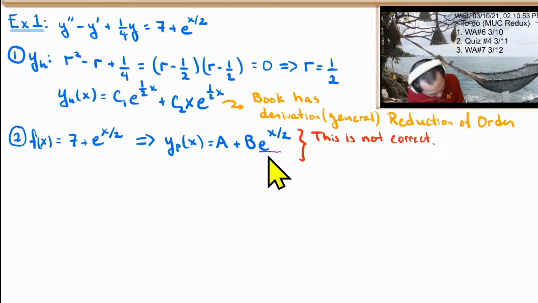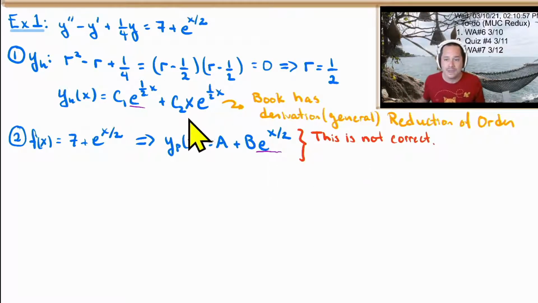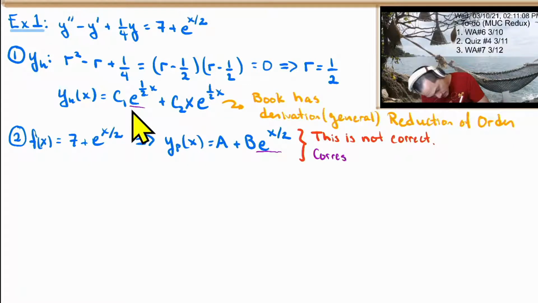I'll underline this in purple, and I'll notice that it's the exact same function as this exponential right here. So correspondence to y1, I'll just say.